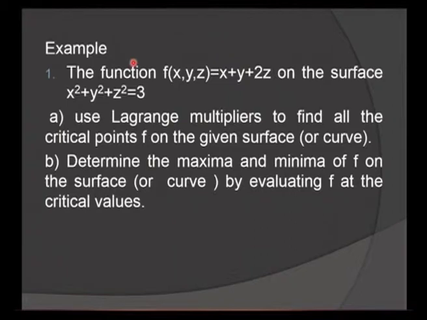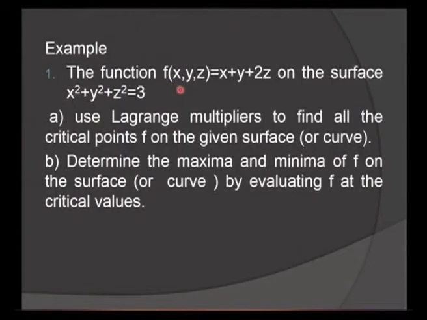Next, let us do an example to understand the Lagrange multiplier and the maxima and minima. Here in this example, the function given is f of x, y, z is equal to x plus y plus z. This function is defined on the surface x square plus y square plus z square is equal to 3.